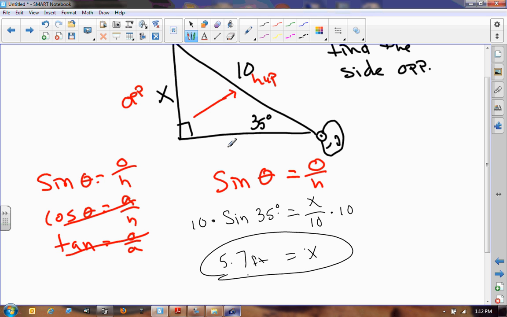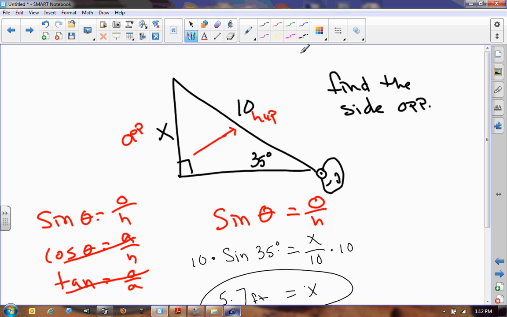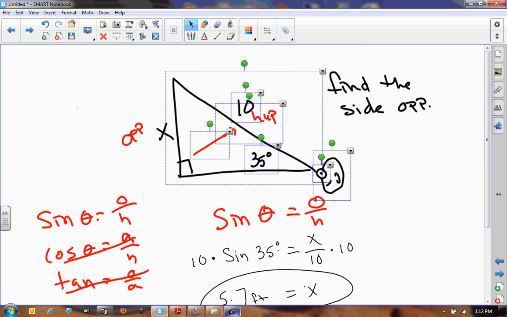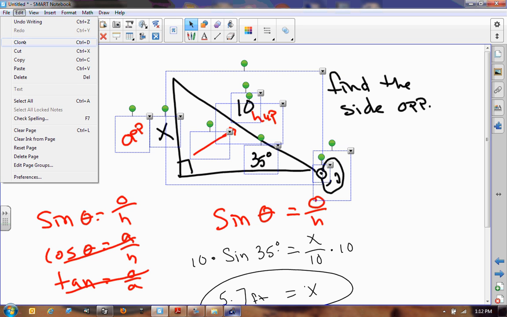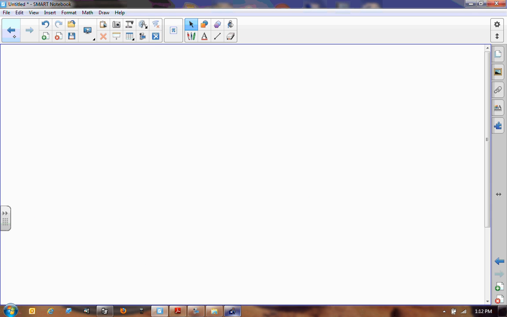Same type of issue. If you wanted to find how far away from the TV you are, you would use a different ratio. You're probably going to use cosine. Well, let's take a look at that problem. Let me just go ahead and copy all of this stuff. I want to take my picture with me. So I will copy it and I'll put it on the new page.